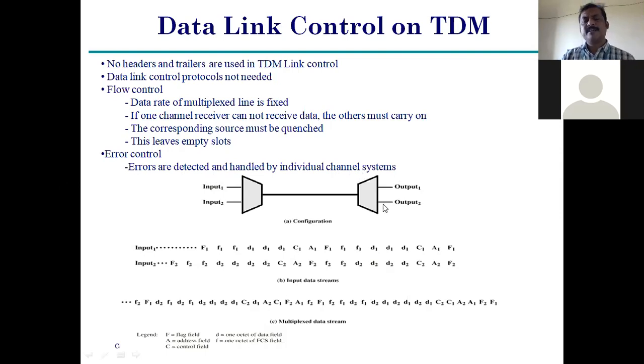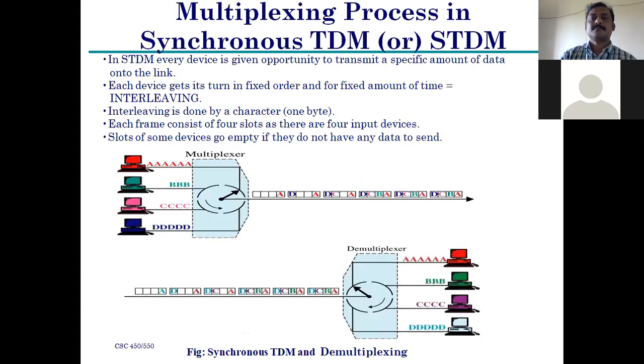There is an individual channel system, 1 2 3, and there are n users. User 1 is identified easily, user 2 identified separately, user 3, etc. In the next topics, the entire information is identified collectively, but here each is identified individually for error correction and error detection.